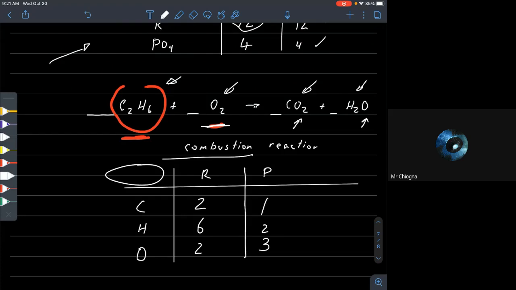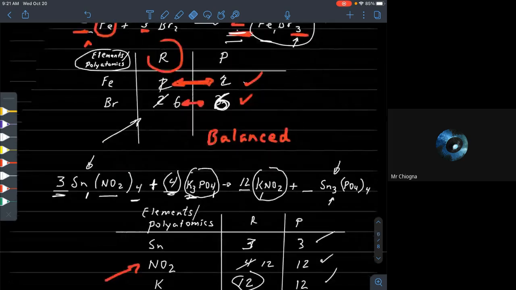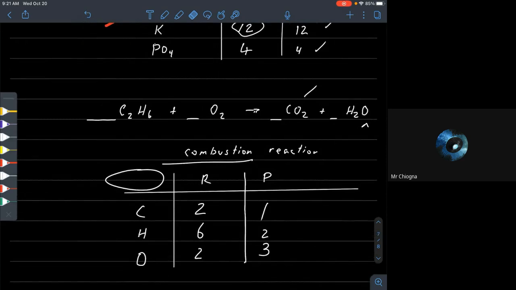See if you can balance it. I'll help you in a second. Don't tell me, but let's see if you can do it. Here's the trick, by the way.